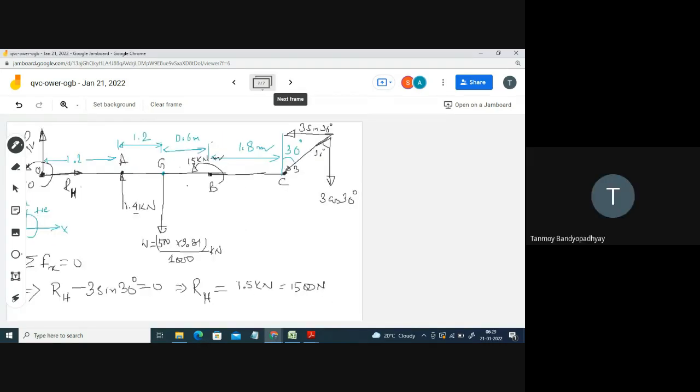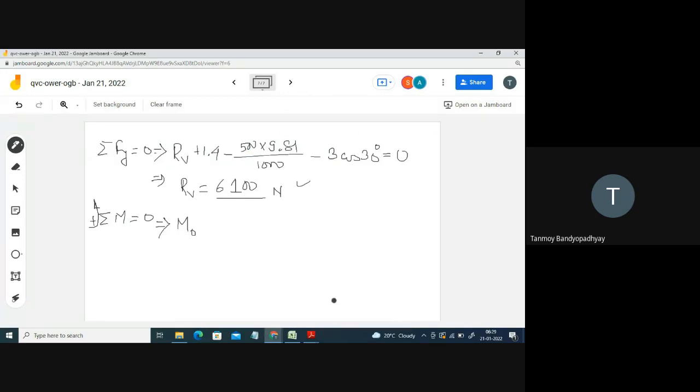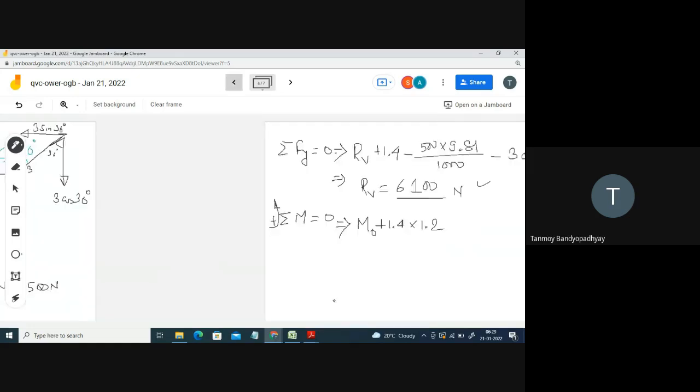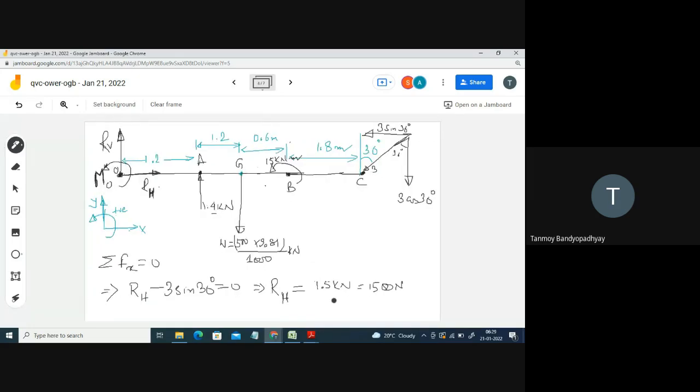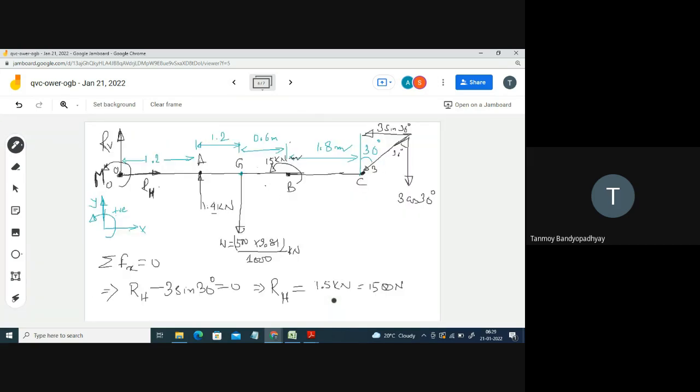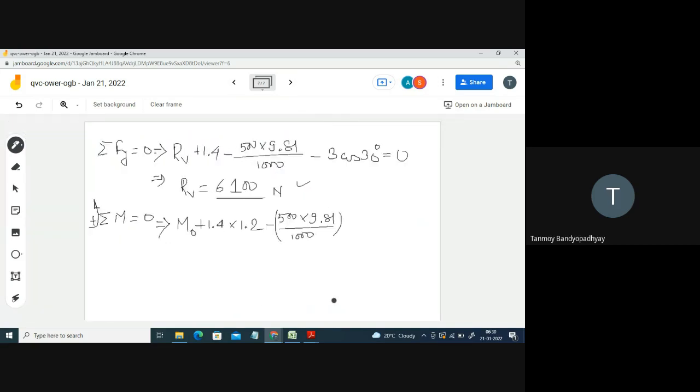The 1.4 into 1.2, তাহলে plus 1.4 into 1.2, ঠিক আছে। আচ্ছা, গ্র্যাভিটির জন্য কি আছে, সো গ্র্যাভিটি ফোর্স, সো দিস W it's causing a clockwise moment at the point O, তাহলে কি হবে minus 500 into 9.81 divided by 1000 into ডিস্টেন্সটা কত আছে, ডিস্টেন্স ইজ 1.2 plus 1.2 মানে 2.4 into 2.4.